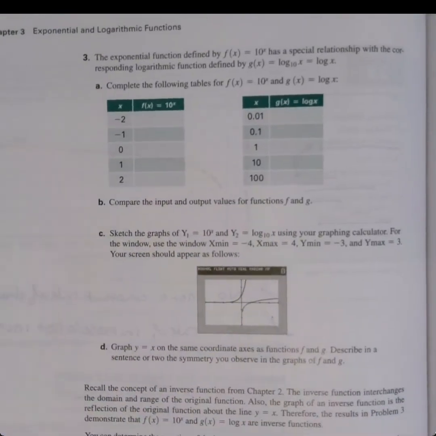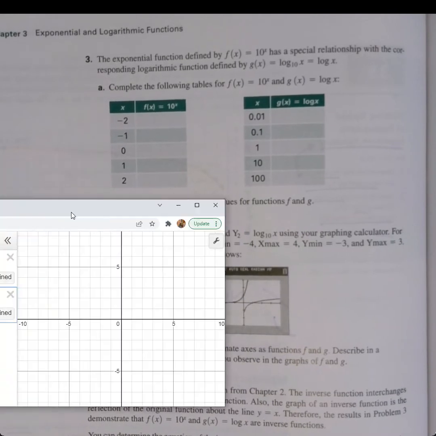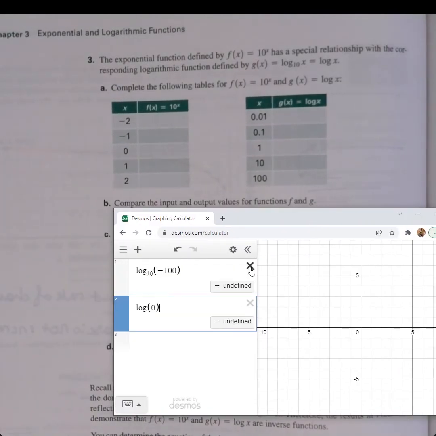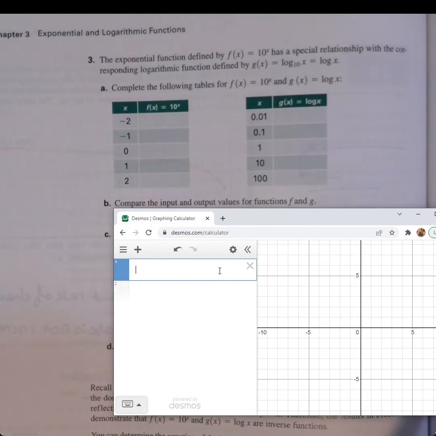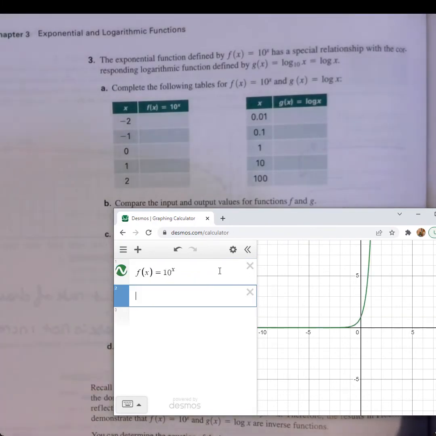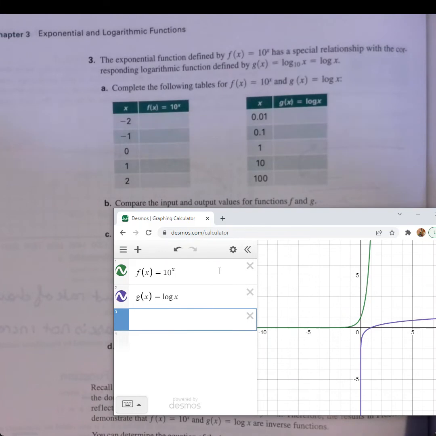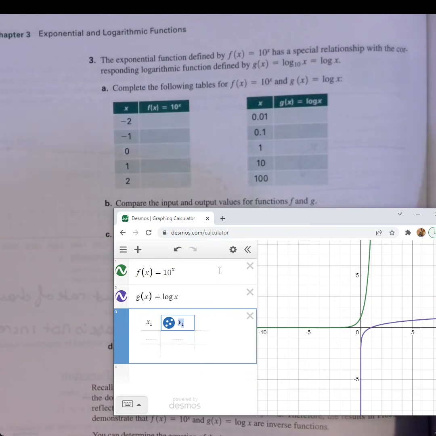All right, tables. We've got two functions. One of them is going to be f of x equals 10 to the x. The other one, g of x, is equal to the log base 10 of x, so just log of x. I'm going to make a table first for f.